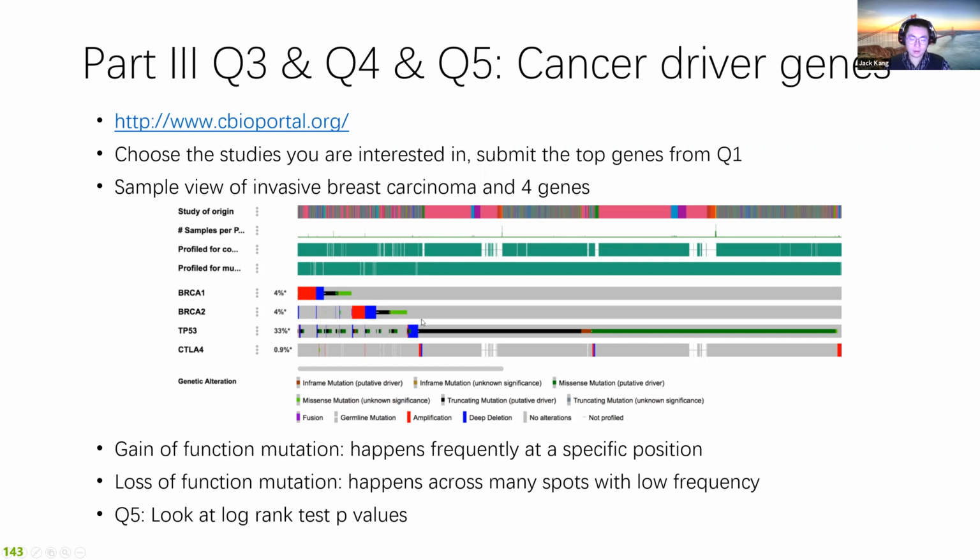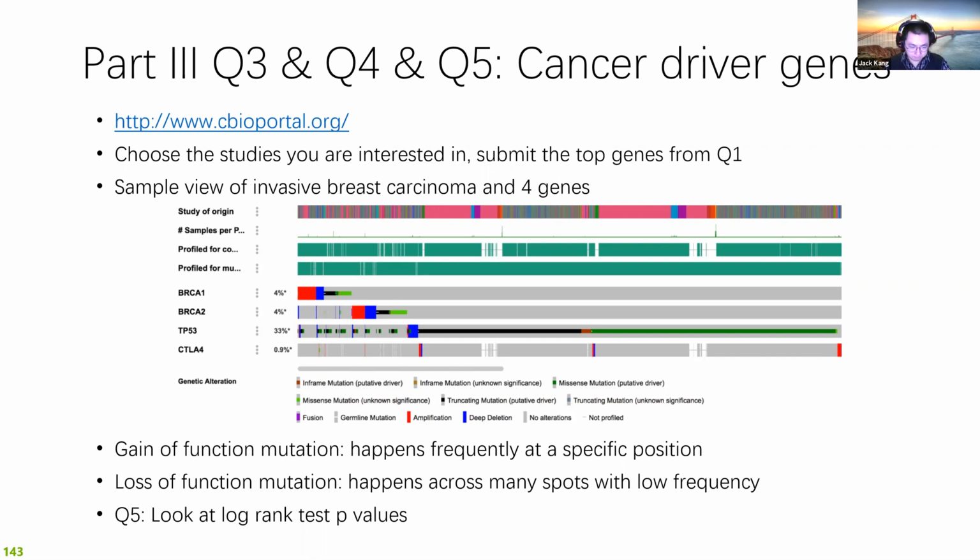There is no quantitative way to determine which gene is likely to be the driver. But if you have multiple genes, you should look at those with many mutations, or those with mutations across a large section of their gene body. So you can identify which ones are likely to be the driver gene.